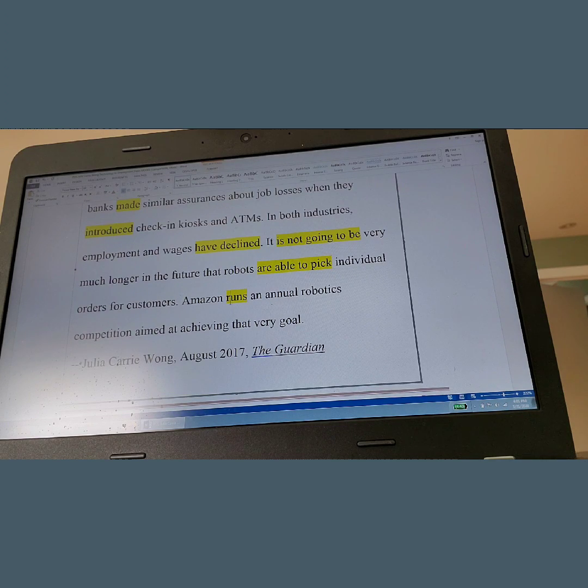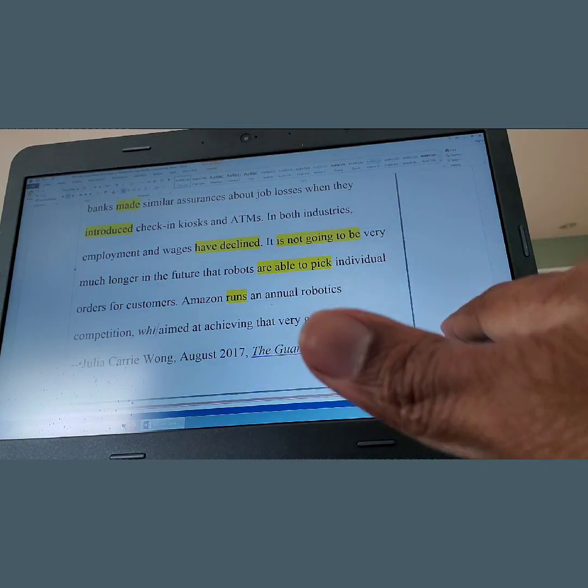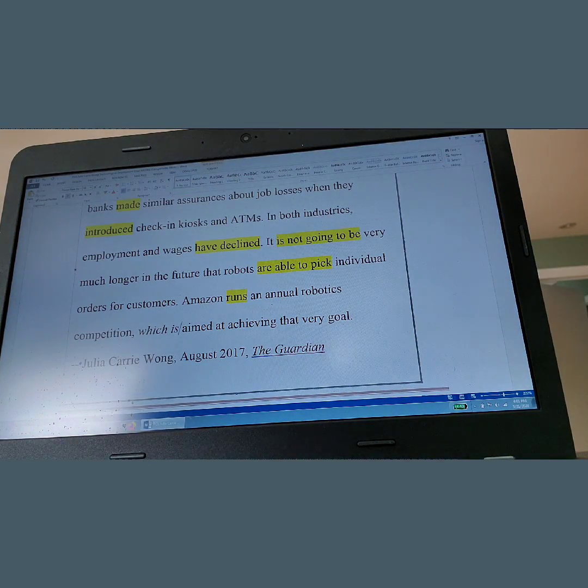Now, one would think aimed is a verb. Aimed there is not a verb, right? What would be more grammatically correct, and let's put this in italics, which is why I hate typing, is which is aimed at achieving this very goal.